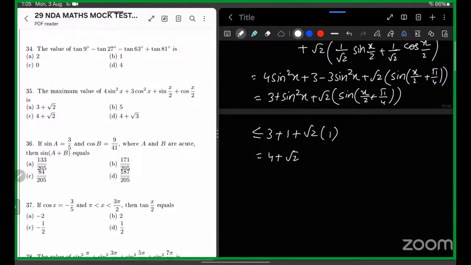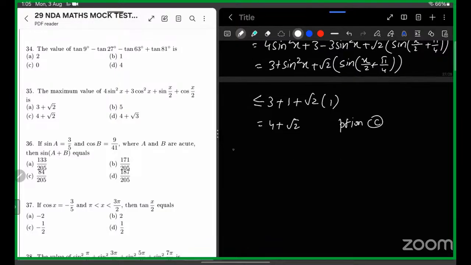Less than or equal to. So the correct answer will be C. Option C is correct.